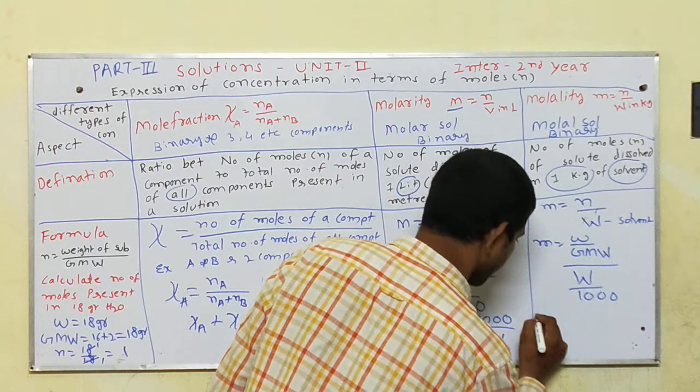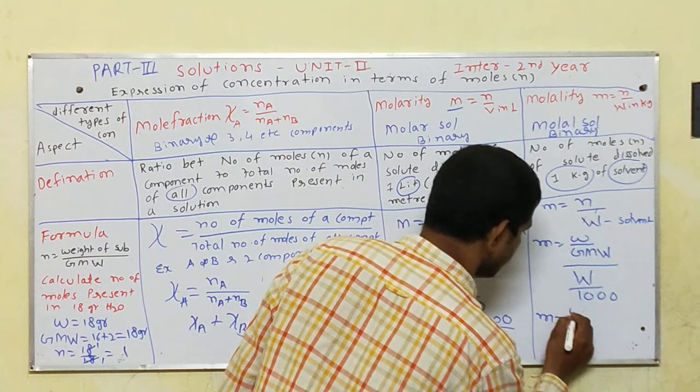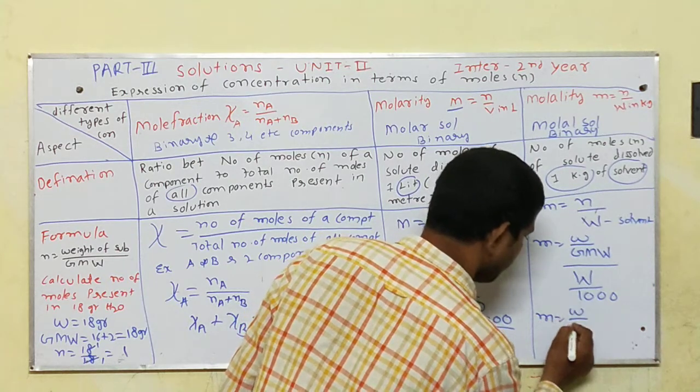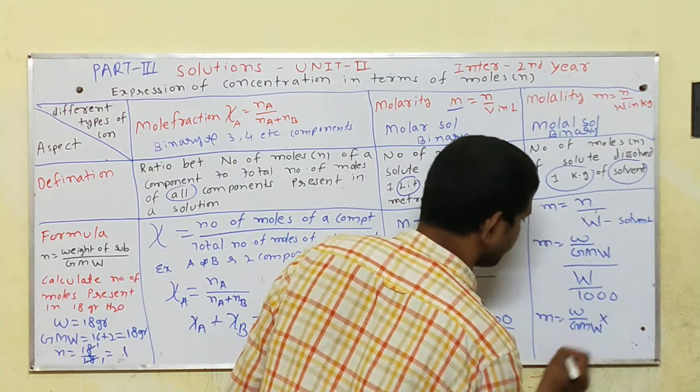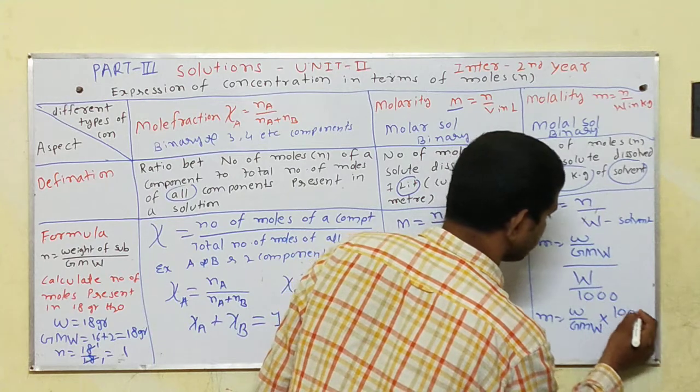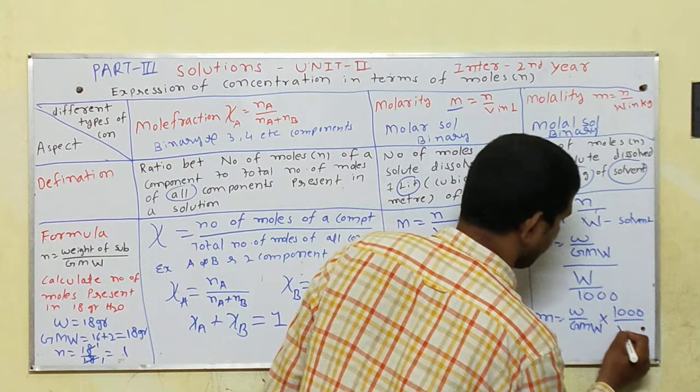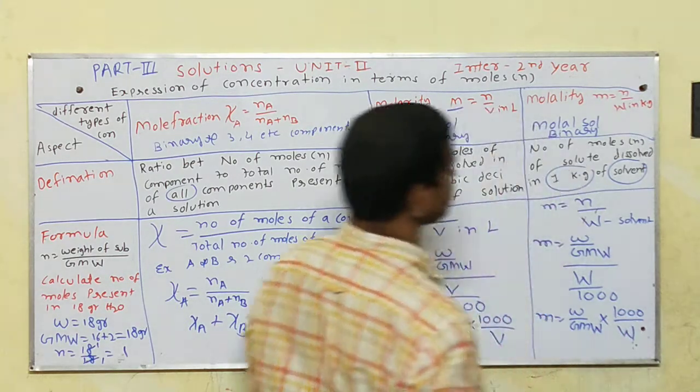Rearranging this equation, we get m equals small w by GMW into 1000 by capital W.